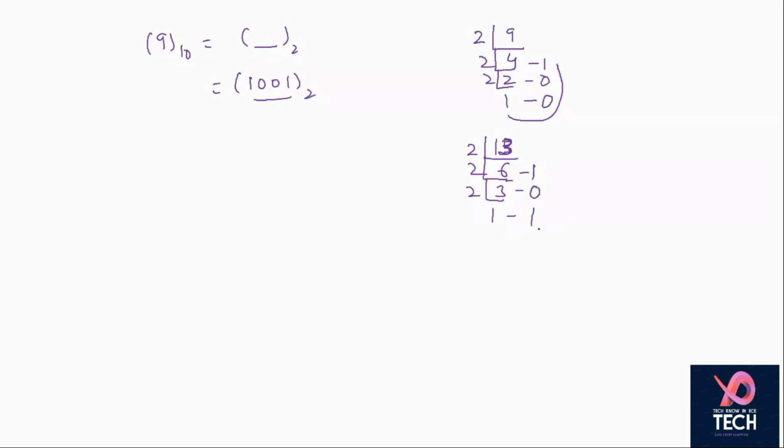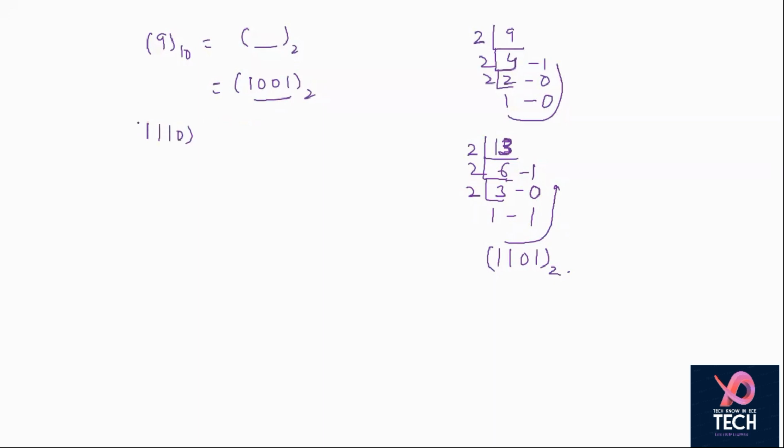So now you will write the number like this: 1101, base 2. This is how you can get the binary equivalent of any decimal number.